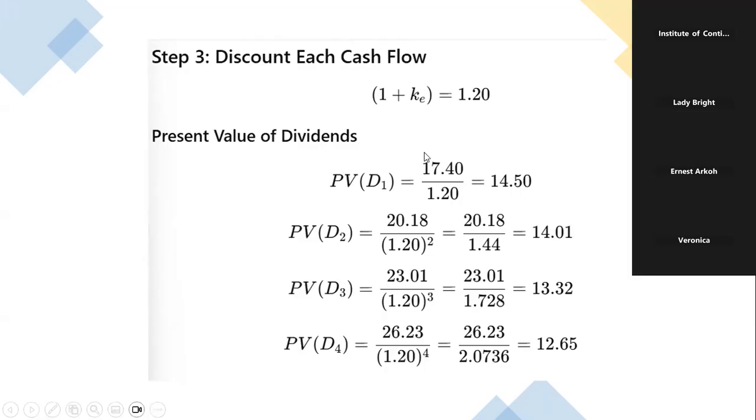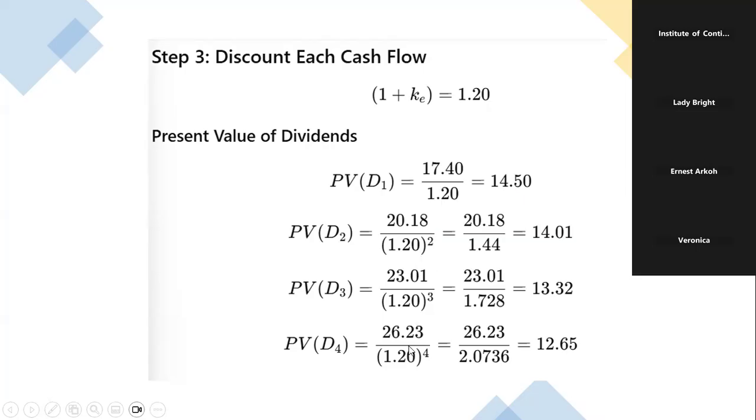So for the first year present value, we have present value of the dividends. We have the year 1 dividend over 1 plus the discount rate. That is 1 plus KE. Over here, giving us 14.5. Year 2, same thing.